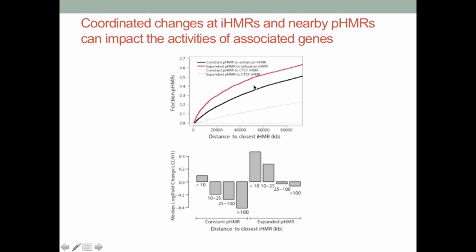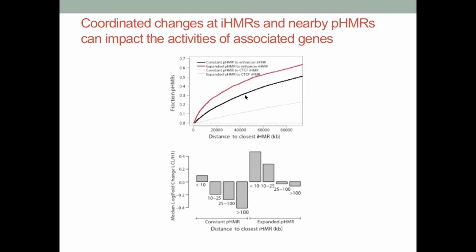And this is compared to an HMR that is constant and never expands, which we assume to be sort of inactive or not expressed in a cell type specific way. And a constant PHMR located close to an IHMR in the CTCF category, for example, also shows no correlation there.